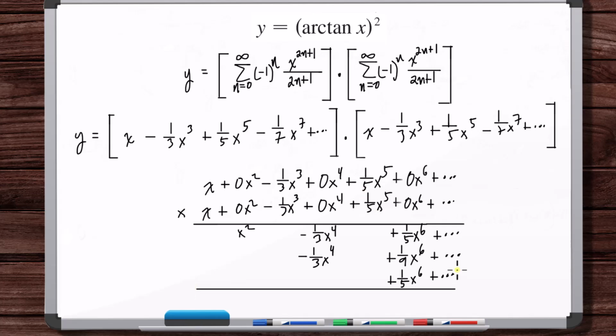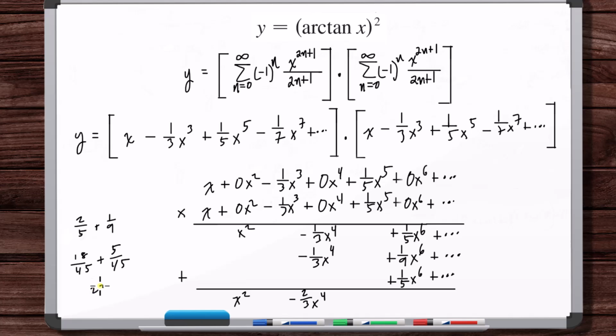Okay, and we're going to add these. So x squared minus 1/3 is minus 2/3 x to the 4th. 1/5 plus 1/5 is 2/5 plus 1/9. So 2/5 plus 1/9. 9 times 5 is 45. So 9 times 2 is 18 over 45 plus 5 over 45.